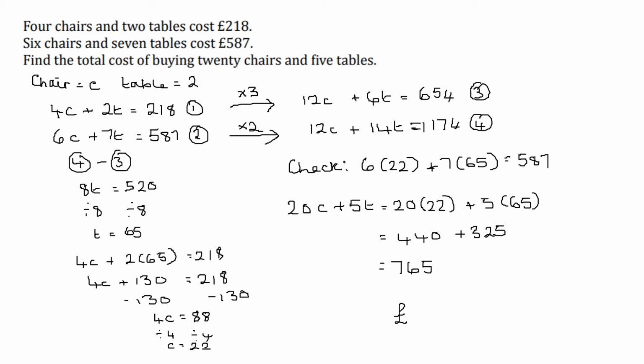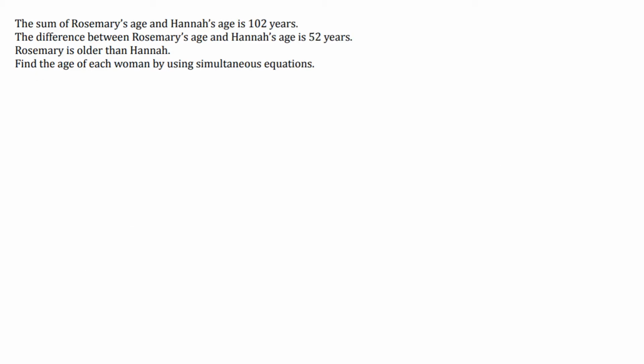So the cost of 20 chairs and 5 tables is £765.